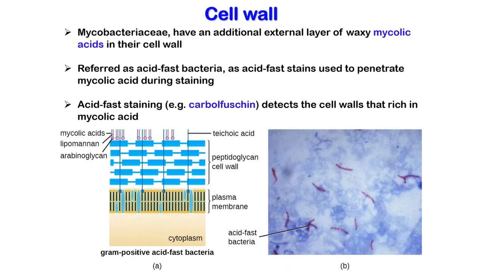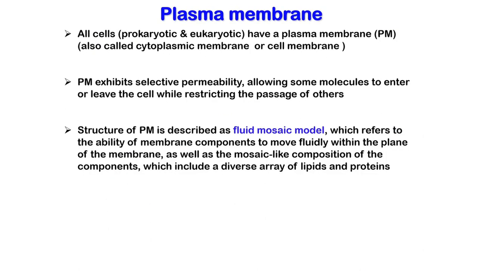This is less of a problem in the UK. There are more cases in developing countries, but nevertheless there are some cases here, and you may come across these as a pharmacist.